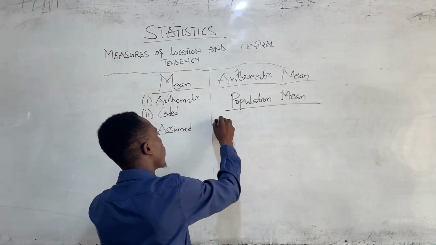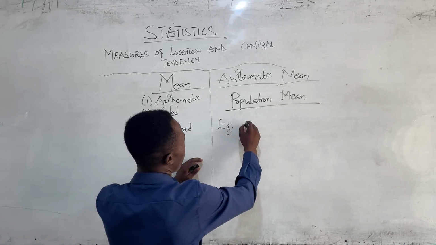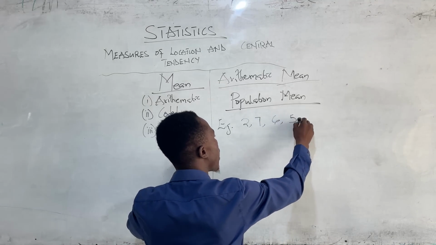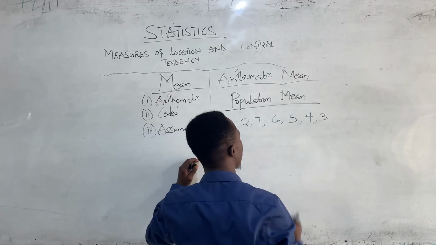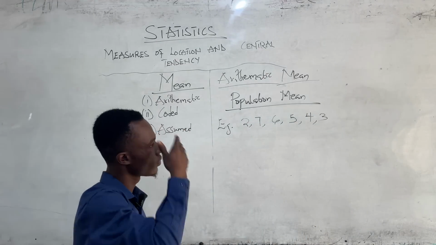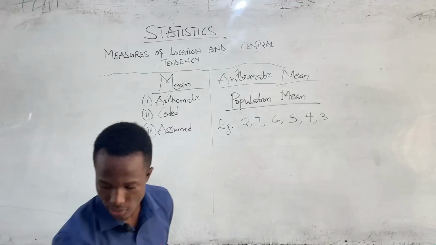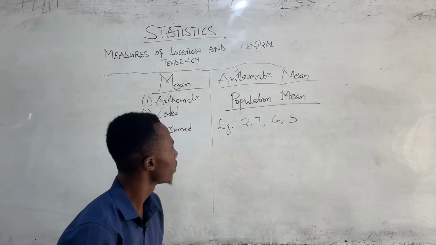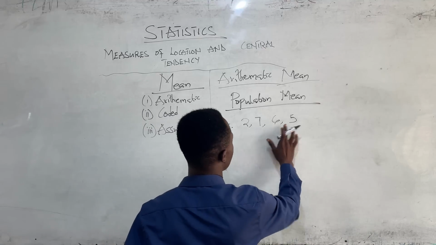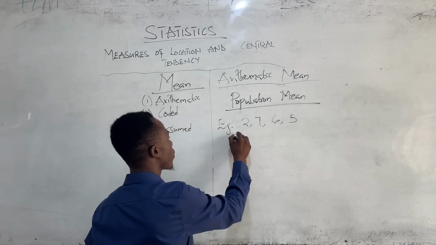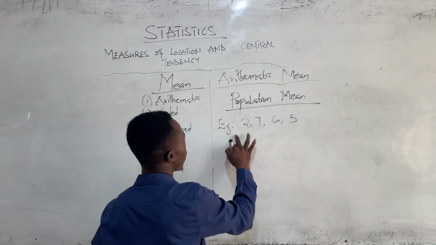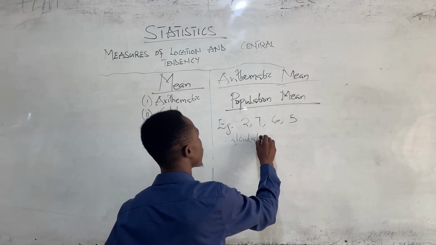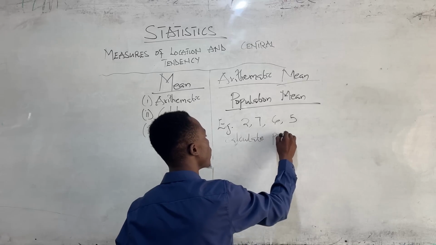For example, you have 2, 7, 6, 5. The question is: calculate the population mean.